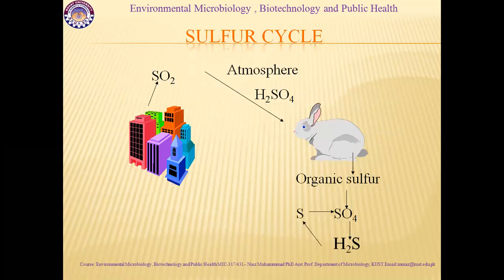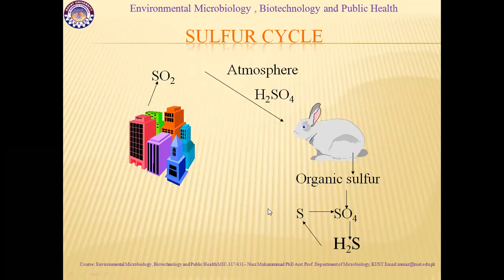Similarly, the sulfur cycle. Sulfur is produced as sulfur dioxide gas in the atmosphere, and with rain it is converted to H2SO4. It is taken up as organic sulfur, going into the plants, and plants are consumed by organisms. Organic sulfur converts into sulfate, sulfate to H2S, and H2S to elemental sulfur.